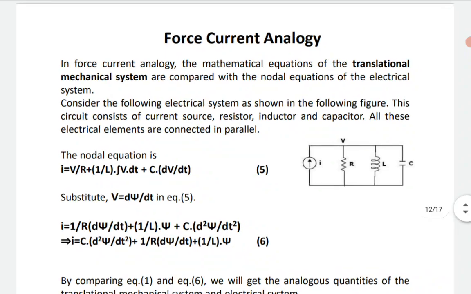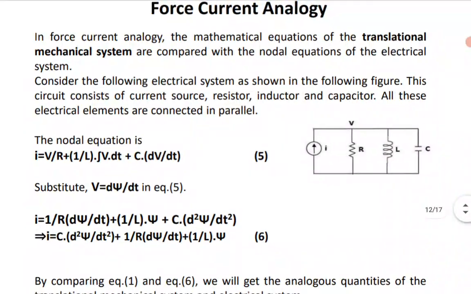From the right hand side diagram we can establish the nodal equation: the total current I is equal to V by R plus 1 by L integral of V dt plus C into dV by dt. That is equation number 5.